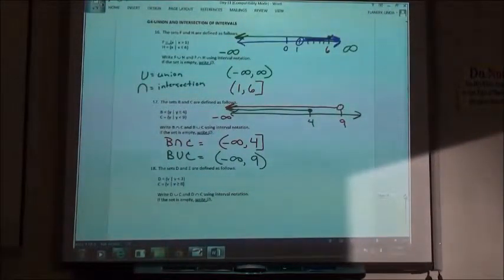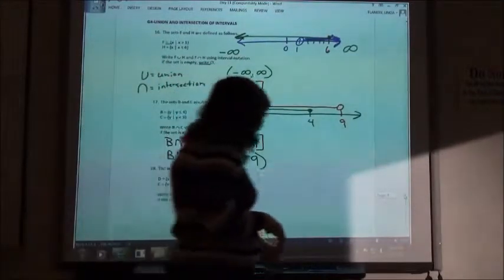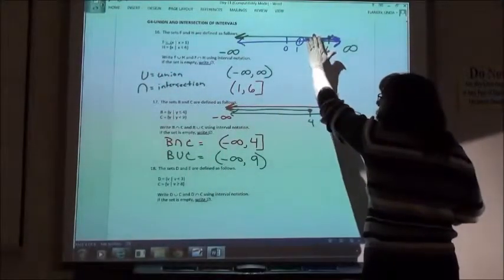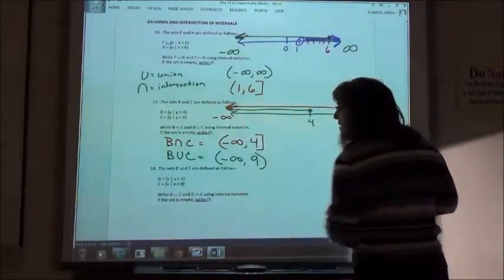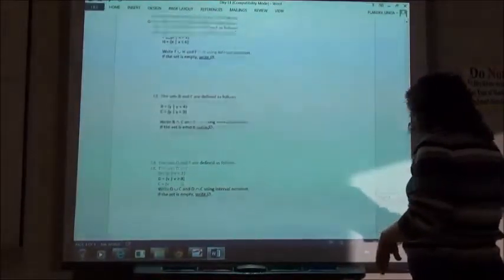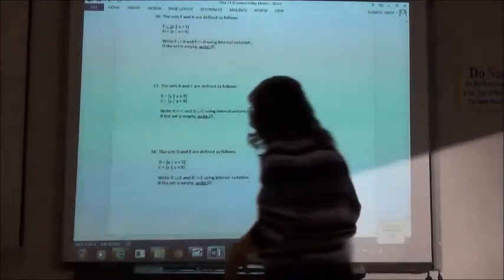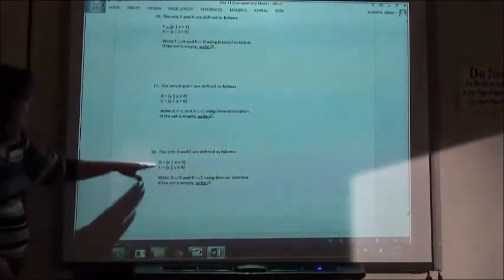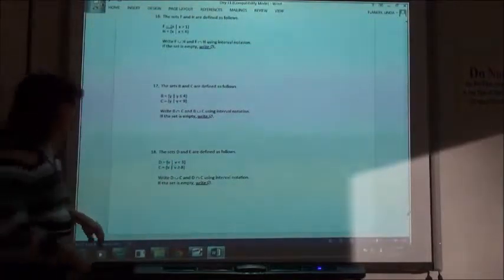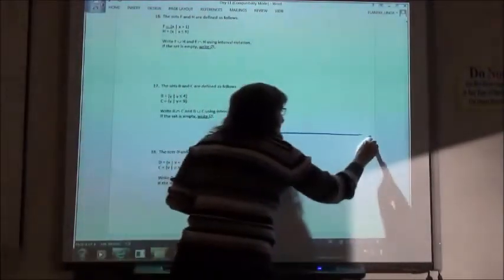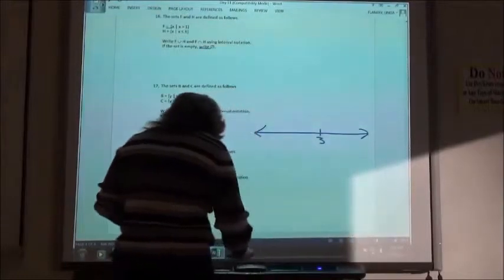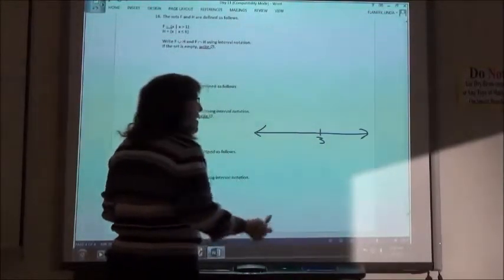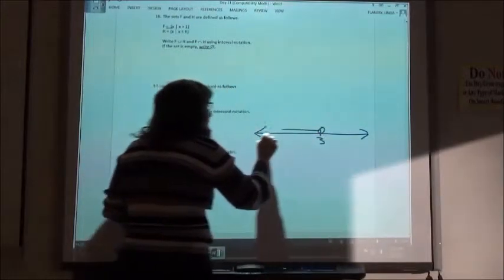So think about intersection. Where do the two things overlap each other? Union, anything that got shaded on my number line. So we had one where they crossed over in the middle, one where both arrows pointed in the same direction, and the third one we got here, if my board won't go up very far, I'll just draw it up a little higher, says V is less than 3 for my set D. So wherever 3 is at, I'm going to have an open circle, and I'm going to shade everything to the left.